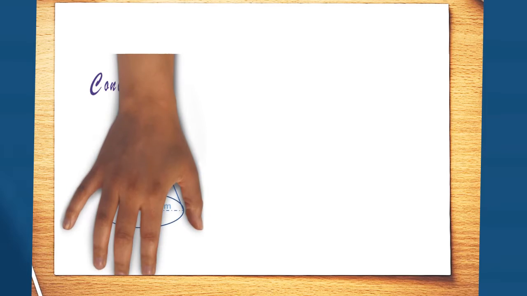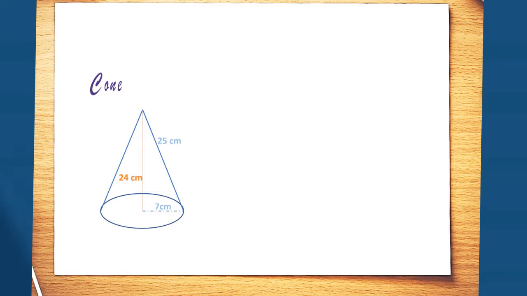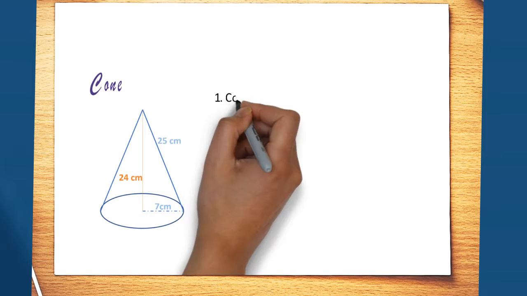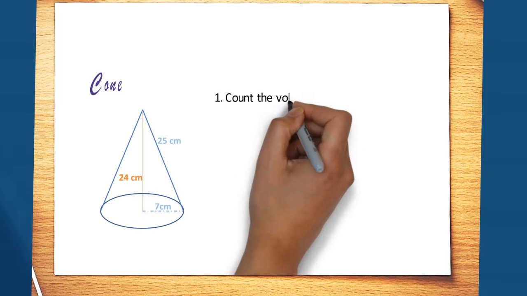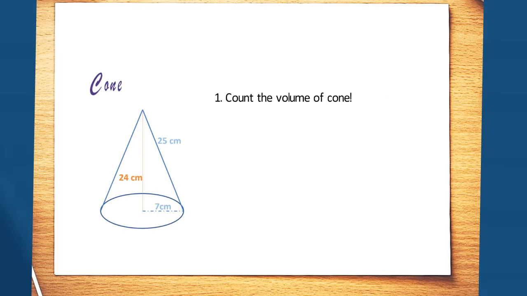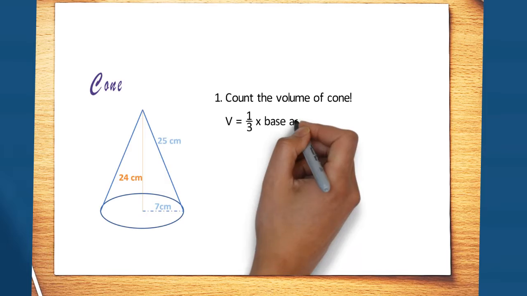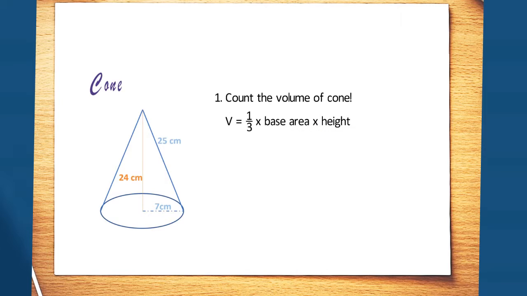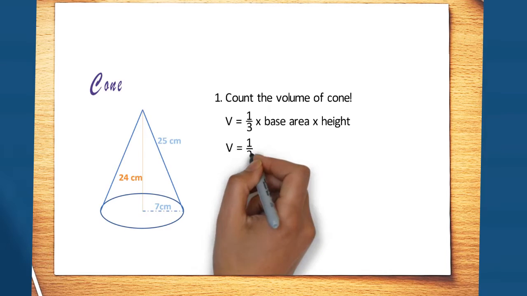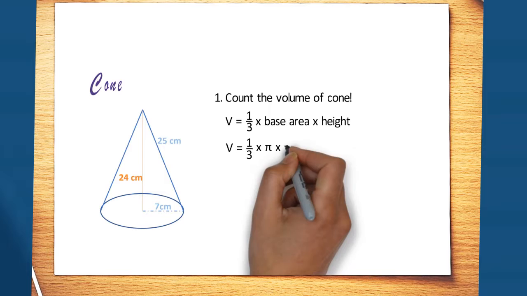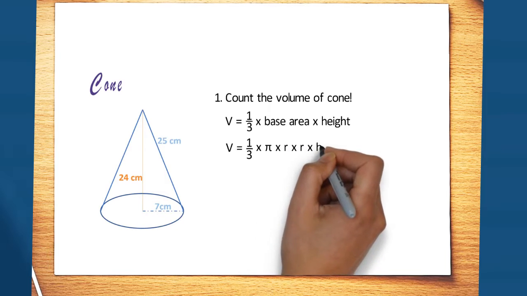Let's learn about the example of a cone. We have a cone here. The radius is 7, the height is 24, and the slant height is equal to 25 centimeters. The question is, count the volume of the cone. The equation to find the volume of a cone is 1/3 times base area times height. This is equal to 1/3 times pi times r times r times height.